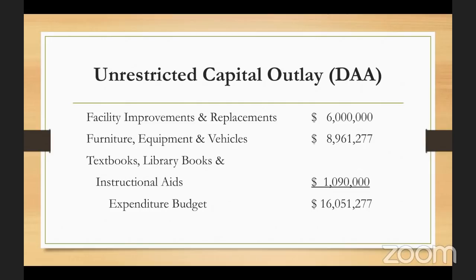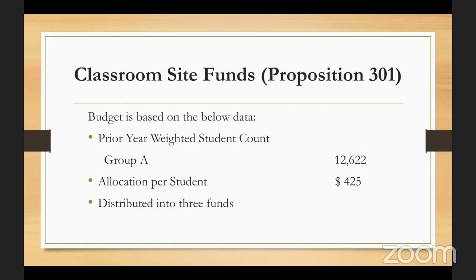And then for textbooks, library books, instructional aids, just over $1 million this year for new online programming and textbooks. So in total, just over $16 million will be our capital budget. Next slide, please. Any questions on capital before I go into?